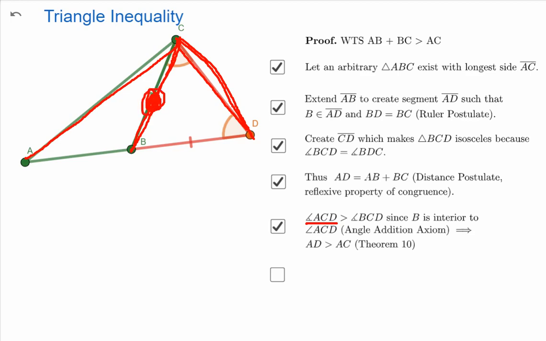I can pick an interior point to AD, and I know it's interior because it's on a line segment that has endpoints on these two rays of ACD. Since B is interior to AD, then we know that this angle is smaller. That's the angle addition postulate.